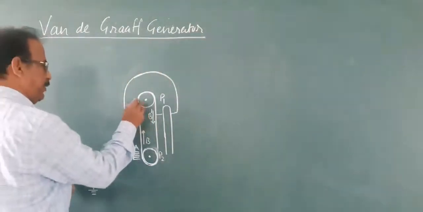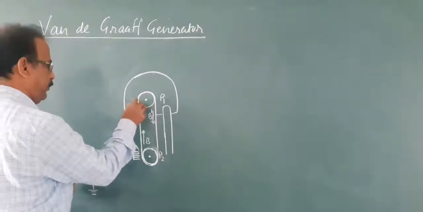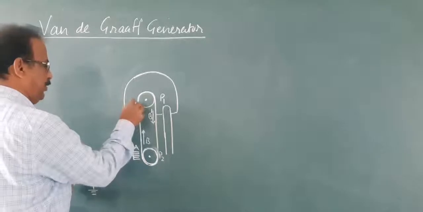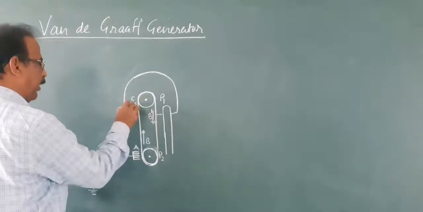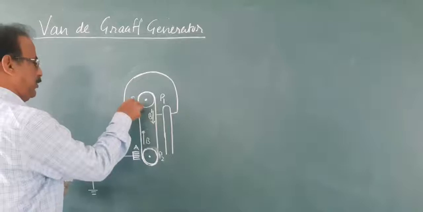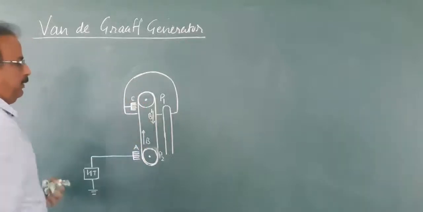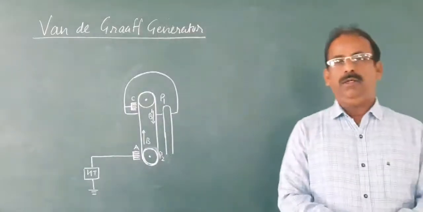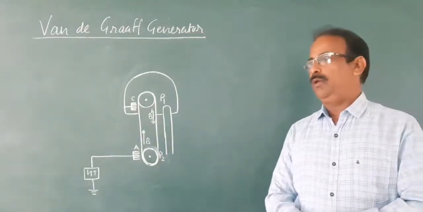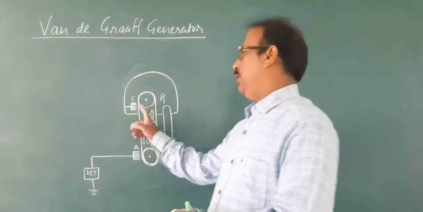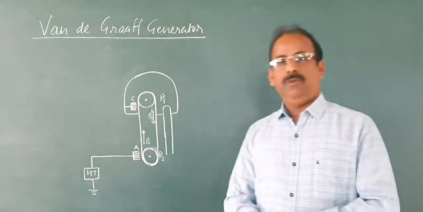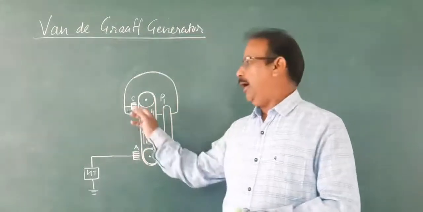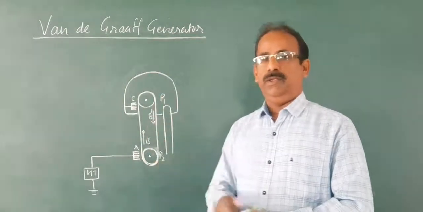Another brush made from conducting wires is present here, denoted by C, which is called the collector brush. It is connected to this hollow conductor. This collector brush is also present near this rubber belt and is connected to this hollow conductor.